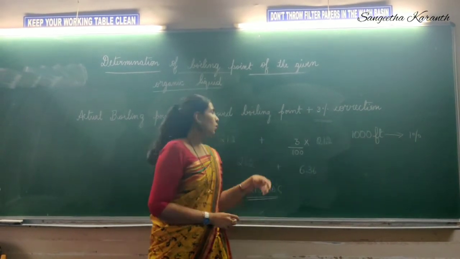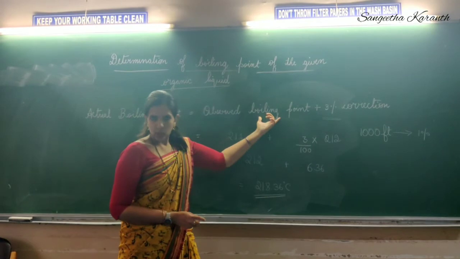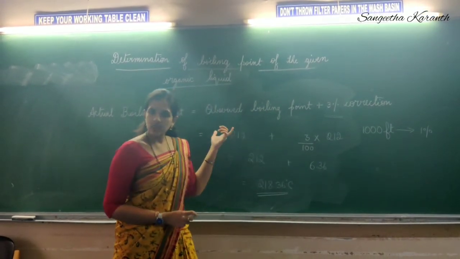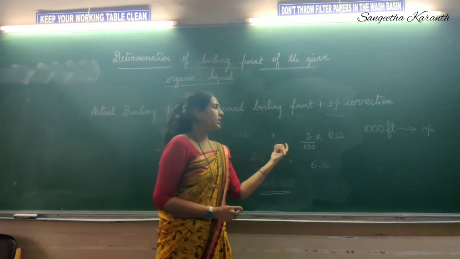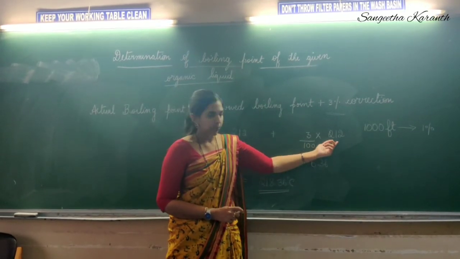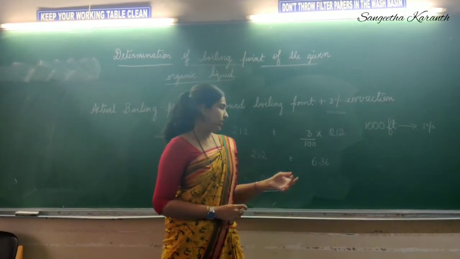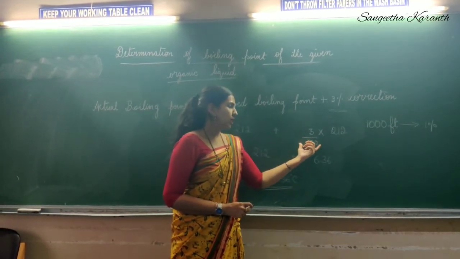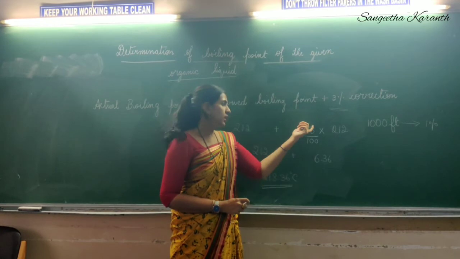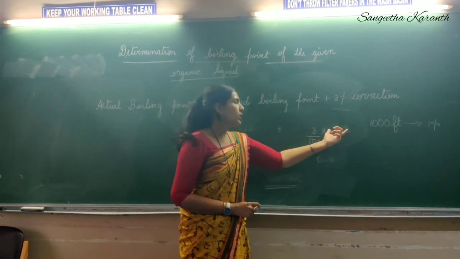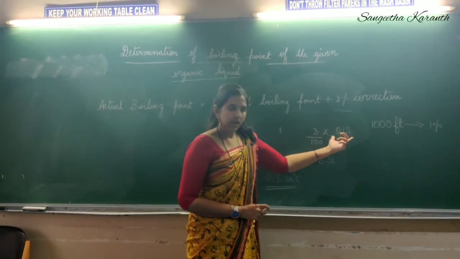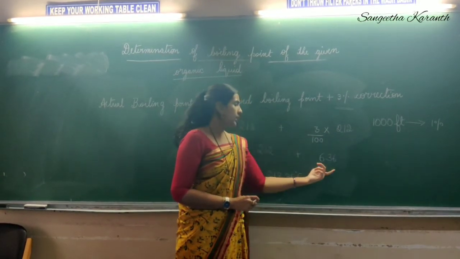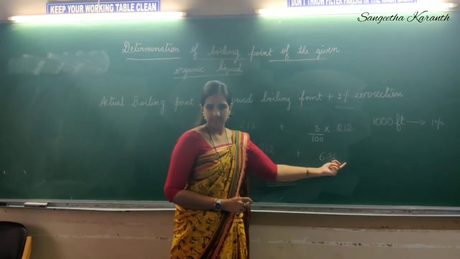The observed boiling point from the experiment is 212 degrees Celsius, plus 3% correction. How do we add this 3% correction? What is 3% of 212? When we calculate it, we get 6.36.